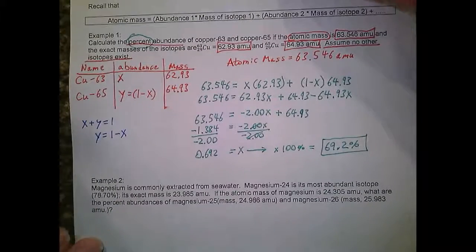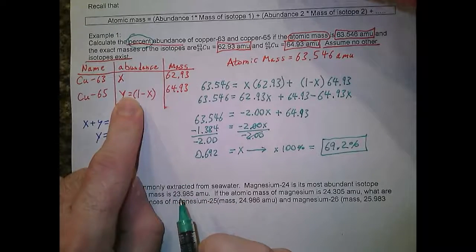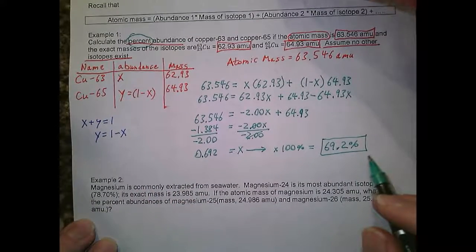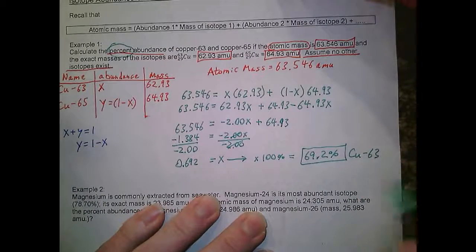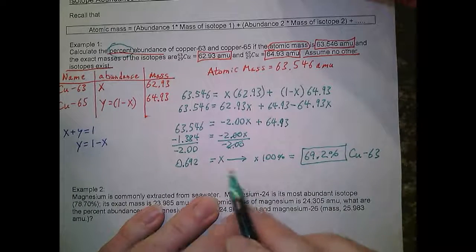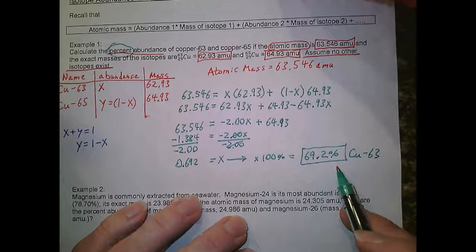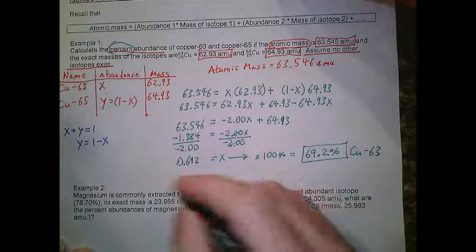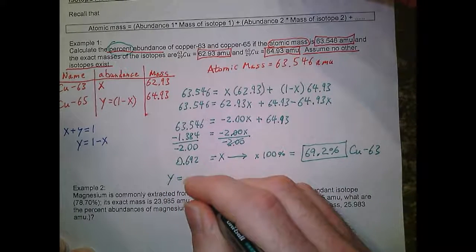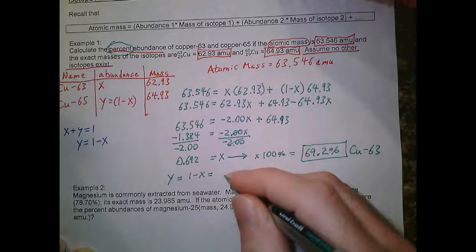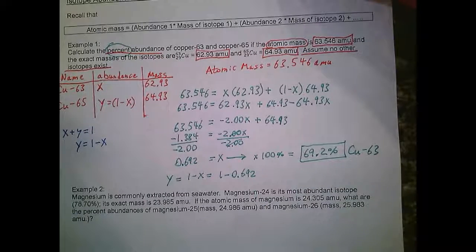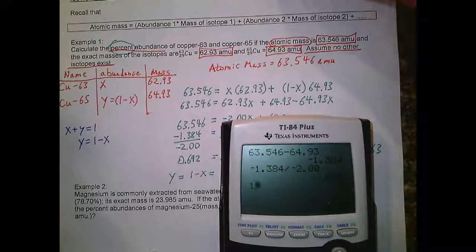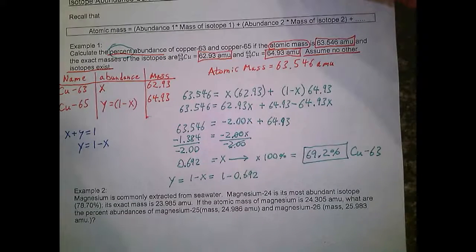Okay. Now, I need to find what y is. See, this is my percentage of Cu63. If you look back at the table, copper 63 is X. So X equals 69.2%. Okay, now I need to know what Y is. Y equals 1 minus X, which is 1 minus 0.692, 0.308.